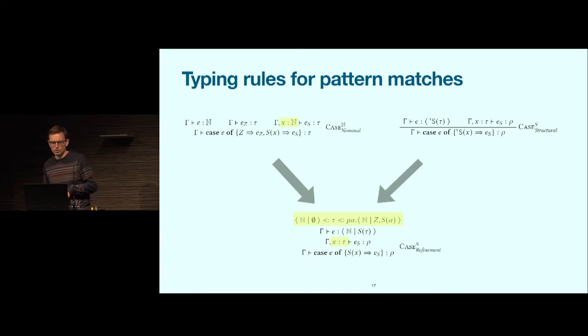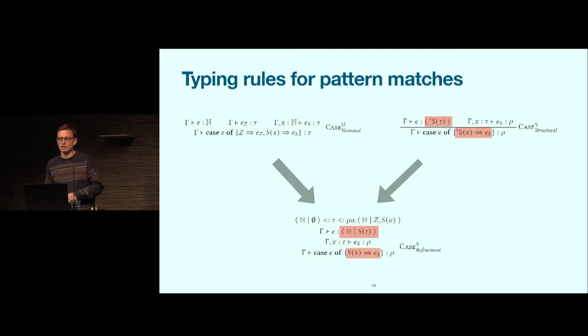In the combined rule, in the last premise, we get an x of type tau into the context, and we generate two constraints, written above in the first premise, that the type tau must be somewhere between the empty refinement and the full refinement of natural numbers.